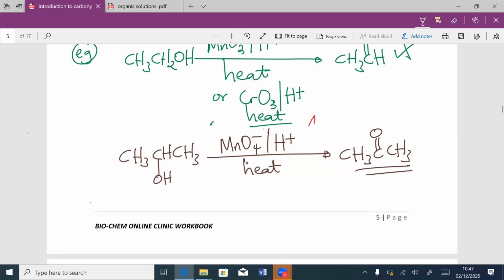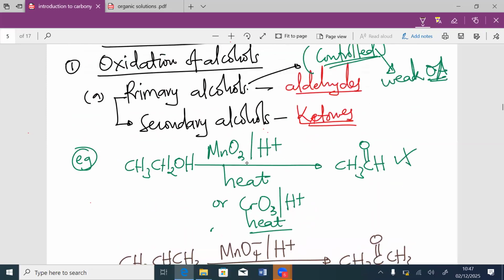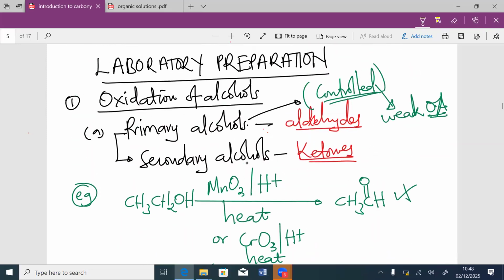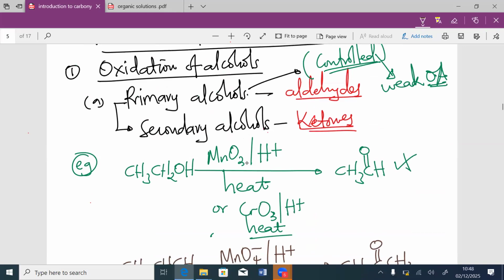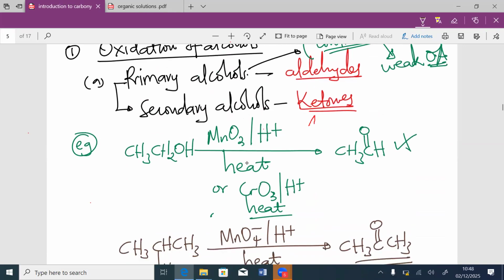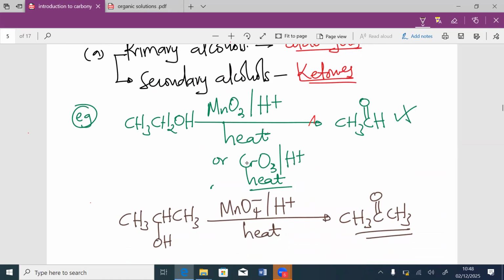So that is the first way we can prepare carbonyl compounds, by controlled oxidation of primary alcohols using a weak oxidizing agent, which yields aldehydes. Then oxidizing secondary alcohols leads to the formation of a ketone.